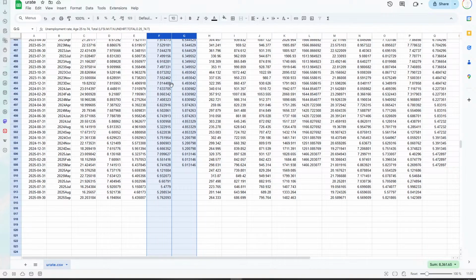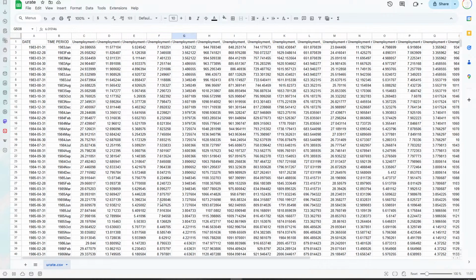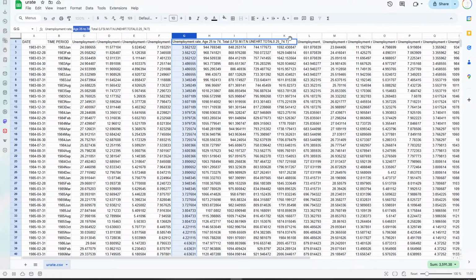So here is not the lowest in history, because in the 1980s, well, it depends. If we exclude, the age bracket here is reported 25 to 74, so adults, which, to me, is the most precise.